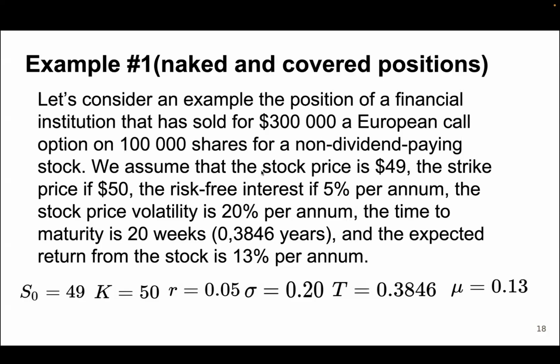We assume that the stock price is $49. The strike price, what was pointed out in the call option, is 50. Risk-free interest rate is 5%. Volatility is approximately 20%. Time to maturity is 20 weeks.